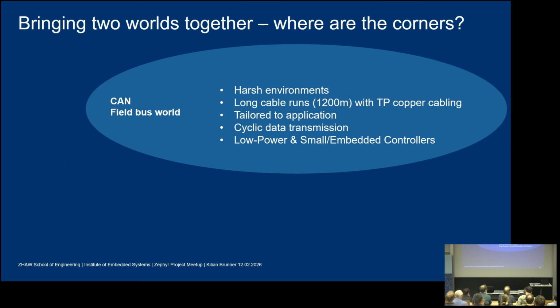It's usually tailored to an application. CAN is designed for sensors. So usually you have very small packets where you can send data values. And also it's usually very low power, and therefore it's perfectly designed for embedded controllers. And usually you even have a CAN controller in the smallest ST controllers you find on the market.